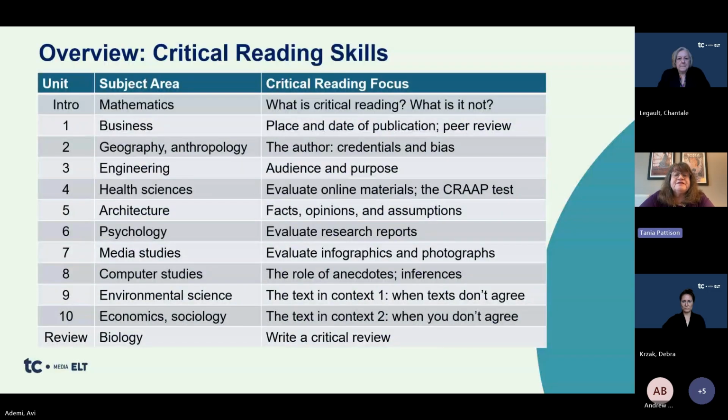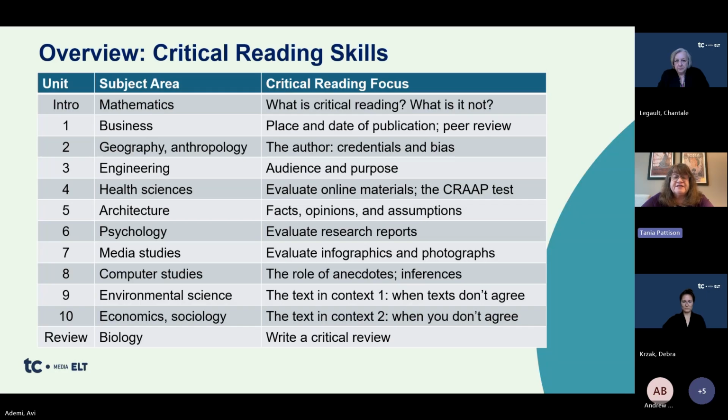So I'm just going to show you this table here. This presents the 12 units, the 10 main units, plus the intro and the review. We've got the subject area. We've got the critical reading skill. So we go through those questions that I showed you earlier. First of all, what is critical reading? What is it not? And then we talk about place and date of publication, the author, audience and purpose, and so on.